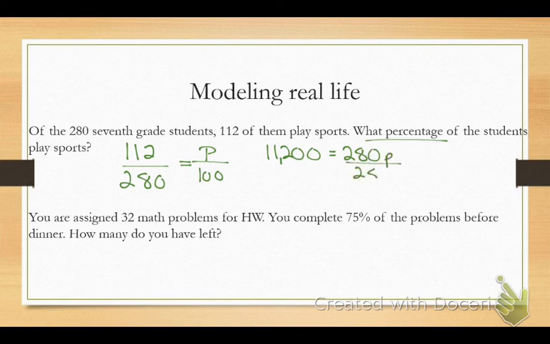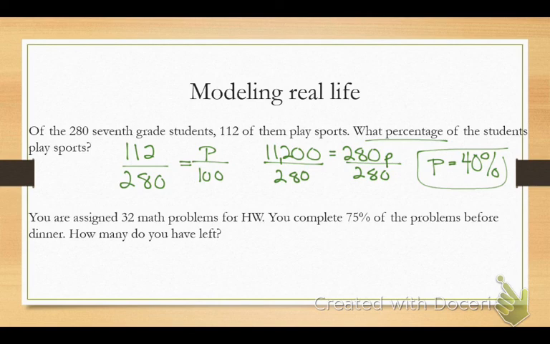Divide both sides by 280. And what'd you get? 40%. P equals 40%. So when you use the proportion, the number you end up with is your percentage. If you use the equation, you got 0.4 and you just made it 40%. No big deal. Okay, go ahead and solve the last one, please.